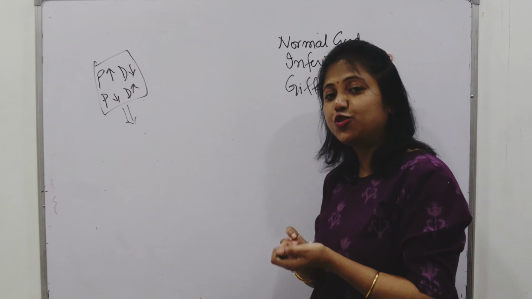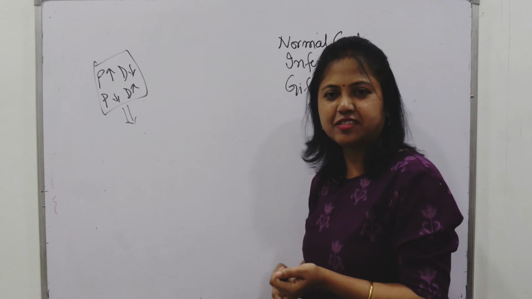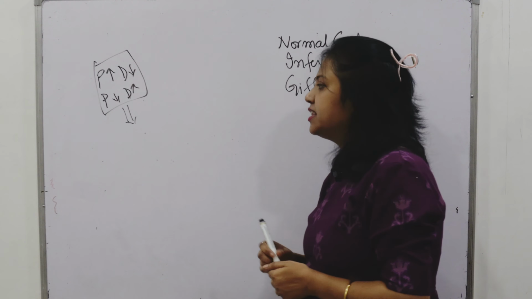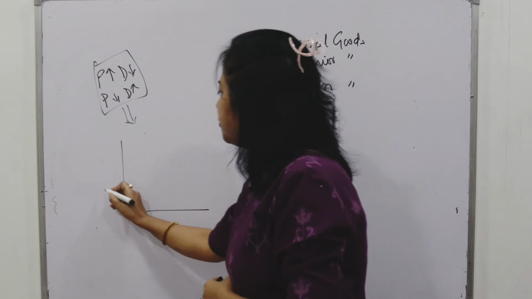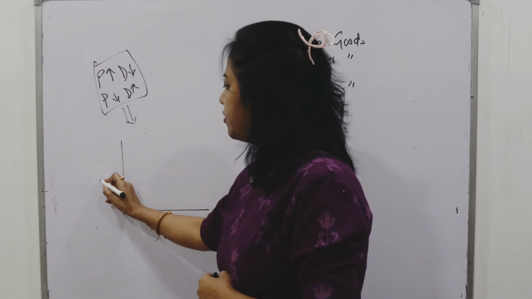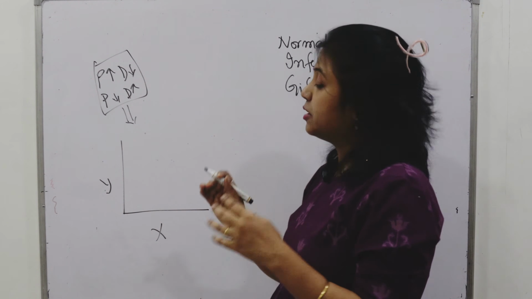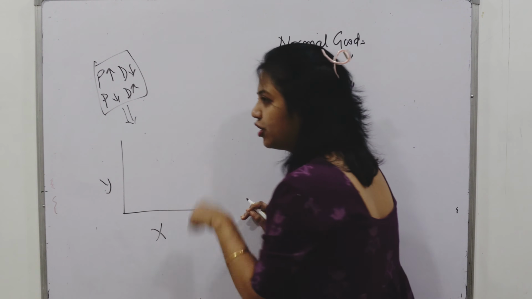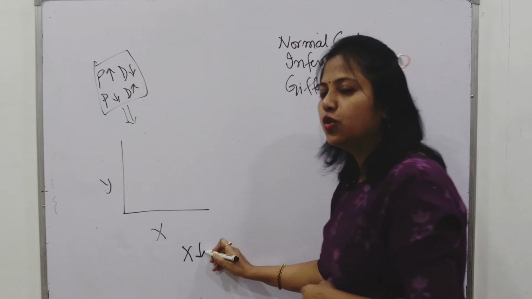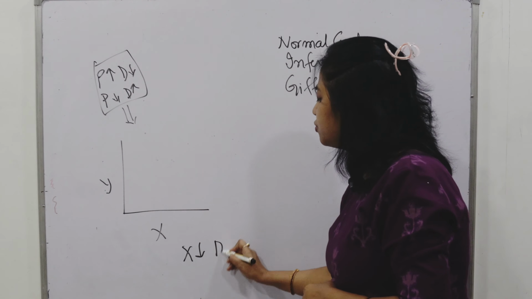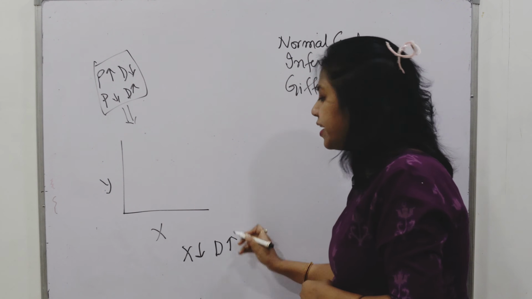Second step we have understood in our previous video, but let's summarize. We have seen that when there are two commodities, here we have X and here we have Y, when the price of X falls, we know that the demand for X will also rise.